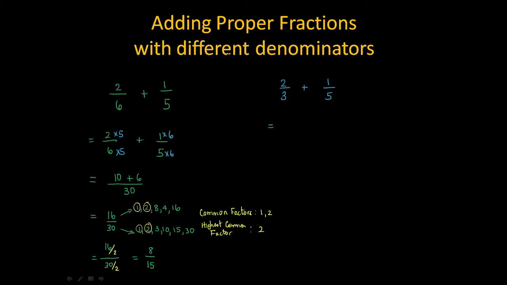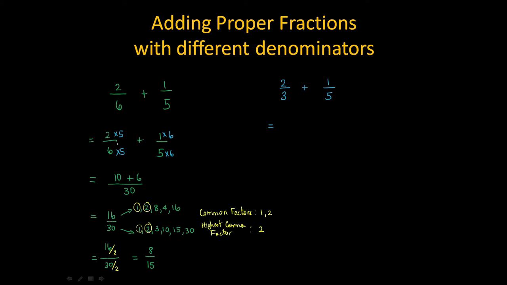Now when you add proper fractions with different denominators, you have to seek a denominator that is common to both fractions. Sometimes people look for the lowest common multiple, but to make your life easier, you just multiply each denominator by the other.